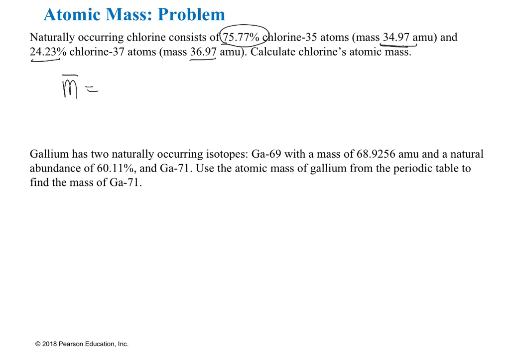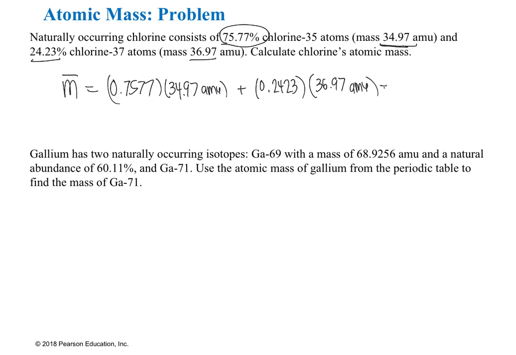We are going to take 75.77 and make that a fraction, so divide by 100, 0.7577 times its mass, 34.97 AMUs, plus the 24.23 divided by 100, so 0.2423 times 36.97 AMUs.